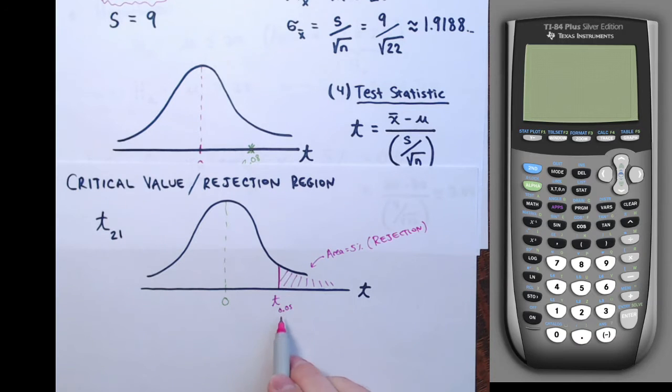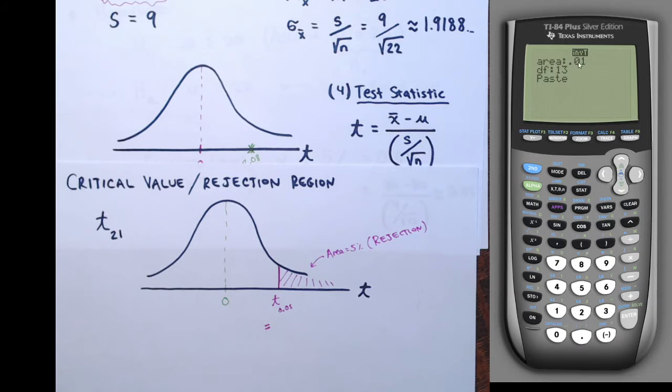Alright, so let's find this. Now you can find this using a table, which will probably be provided to us as we move through the question. Or, if you recall, I did this in an earlier video on this same objective of finding critical values, you can find this with your calculator and that inverse t. So I got the calculator up already. I go to that distributions area, down here to inverse t.